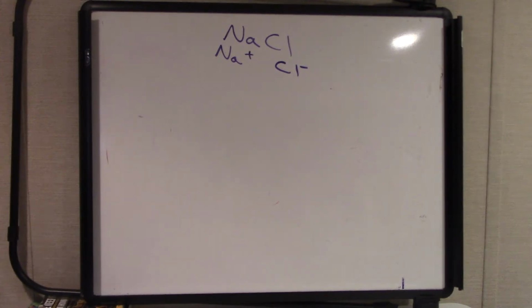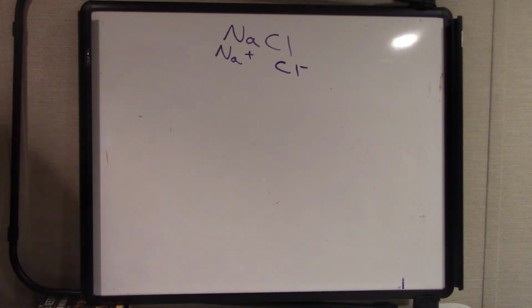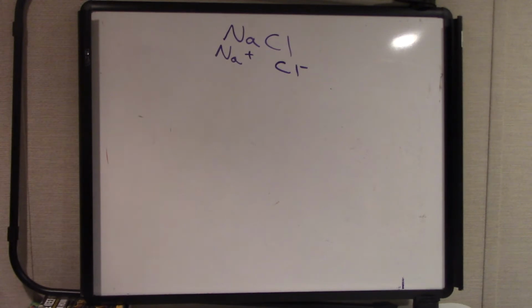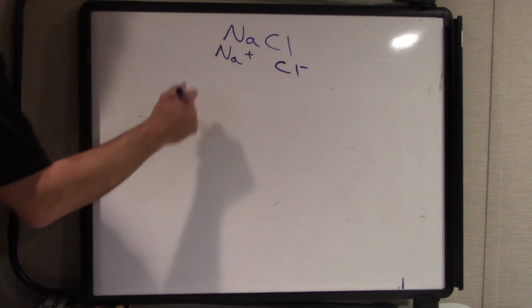So whenever you have an ionic compound, take the second that it takes and actually write out what those ions are. It may not seem like you really need to for this one, but as we get into more involved examples, you're going to see where that little trick really makes things a lot easier. Now, following the rules of how to name these ionic compounds, the first step says name the positive ion.